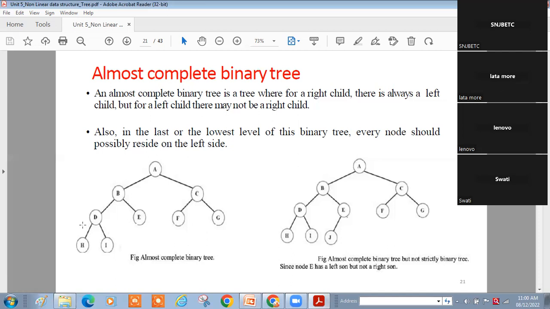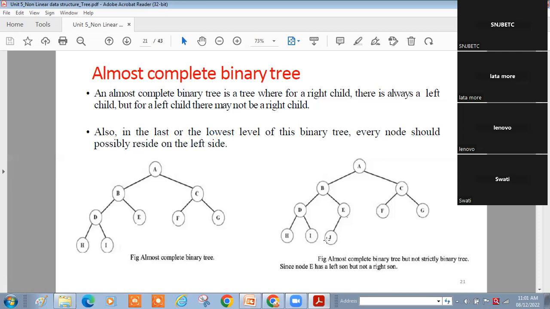But what is the difference? Observe it carefully. For A to D, and D to H, I can say that parent D has 2 children, H and I. Here, in the second part, for A we have B, again D or E, H or I, and J. What can you observe from this diagram?